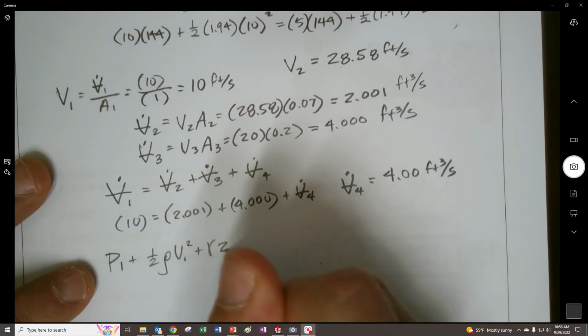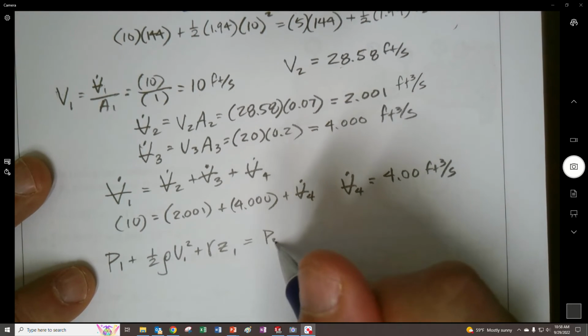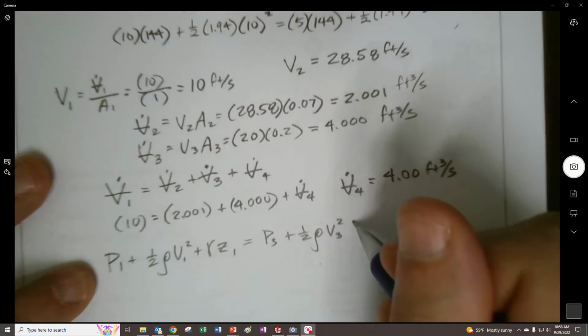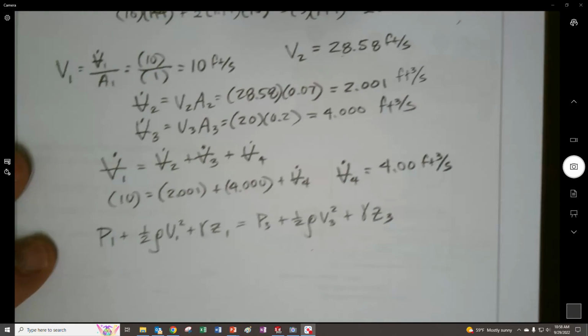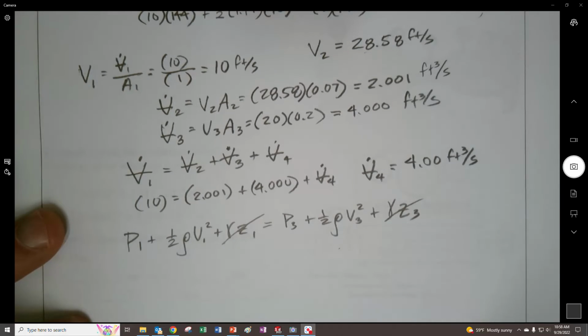And I'm just putting this in here because we want to keep consistent when we're doing our equations, thinking our way through the problems as opposed to just plugging numbers in. We know those are going to cancel out though.